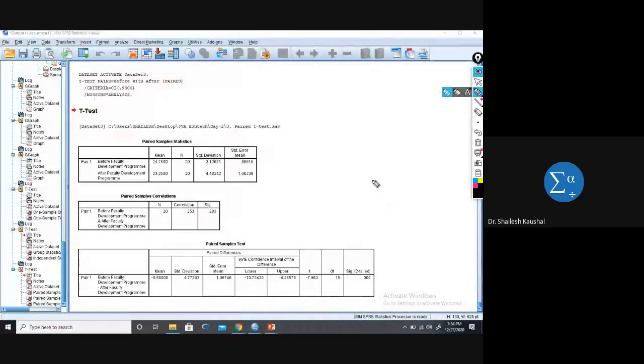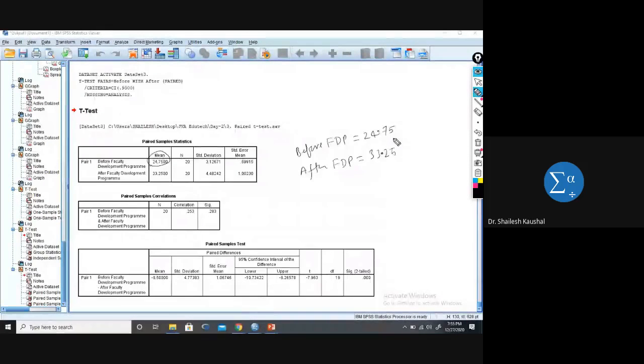Now before the faculty development program, the mean score of the 20 teachers before FDP was 24.75, and after the faculty development program, the attitude mean score increased to 33.25.